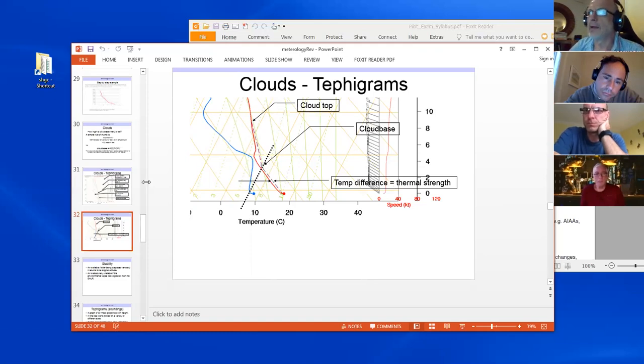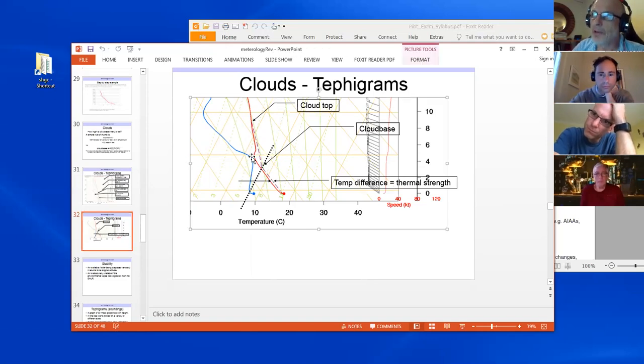As a small aside, the significance of this gap is that if there is no gap, if this red line and blue line meet, then it becomes completely overcast at that point, because all the air at that point is saturated.